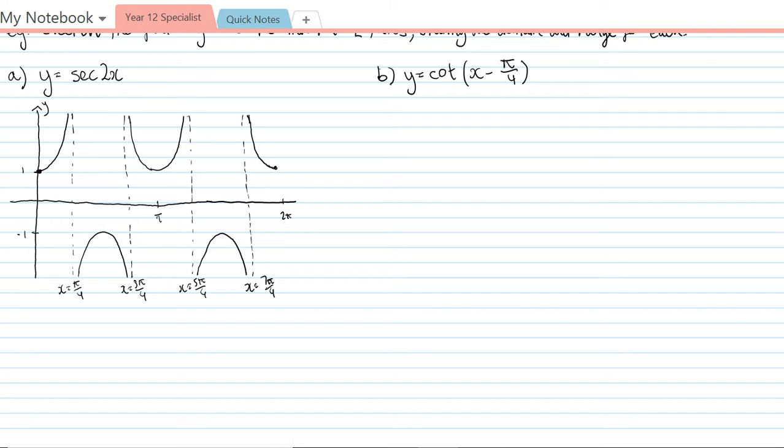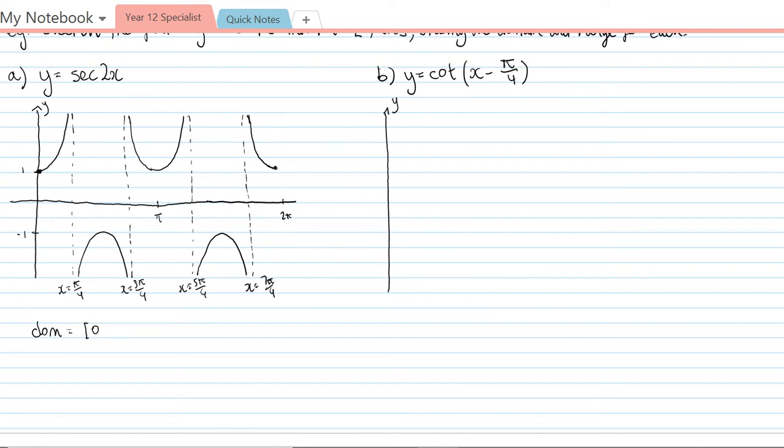As for the second one, y equals cot of x minus pi on 4. So the x minus pi on 4 moves the graph pi on 4 units to the right. I guess I should actually finish up that last question properly because I haven't done everything yet. So the domain of this one, what's a good way to write this?